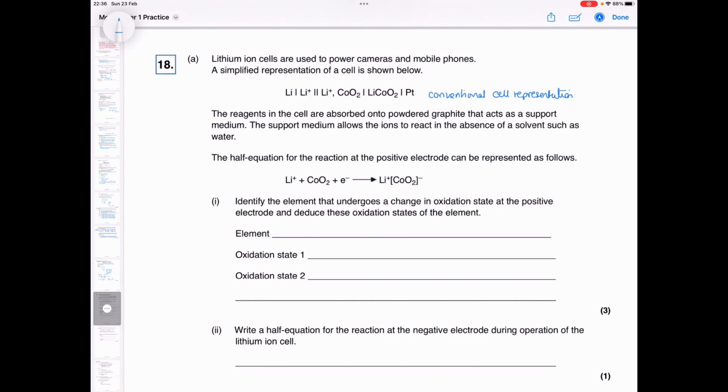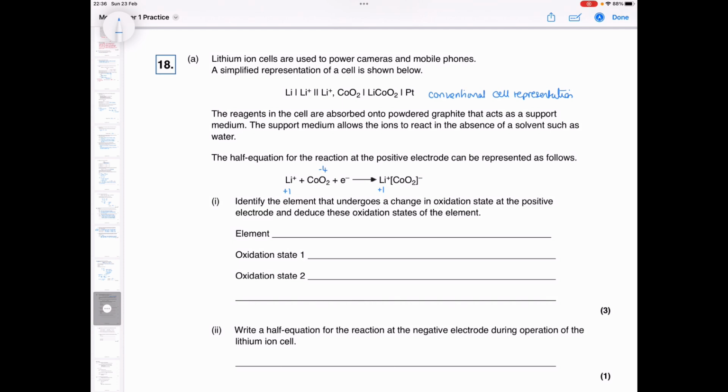And so that reaction that's taking place there at the positive electrode is the reduction. Identify the element that undergoes a change in oxidation state at the positive electrode and deduce the oxidation states of the elements. So if you have a look at the equation, lithium is in its +1 oxidation state at both sides. And then the cobalt, oxygen is always -2 unless it's bonded to fluorine. So you've got 2 oxygens at -2 on the left hand side.